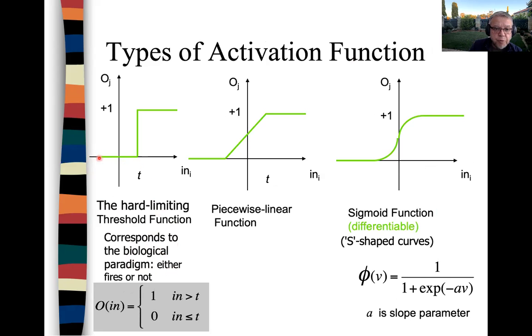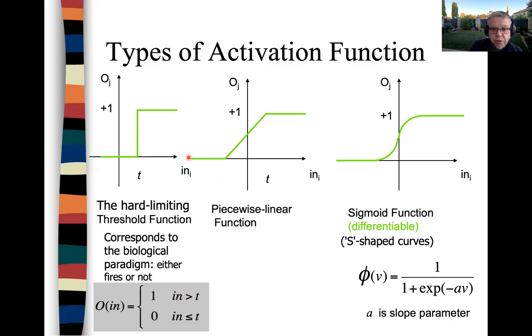So if your input is less than a certain threshold, the output is 0. If it exceeds that threshold, the output is 1, okay? If it is less than the threshold, the output is 0. You can have also piecewise linear function.